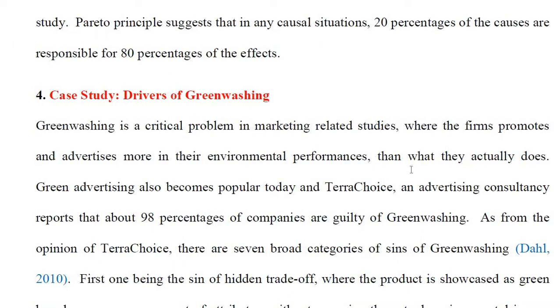This problem is prevalent in companies because most want to show their product as more eco-friendly, or claim a very good reverse logistic network, so that they attract more customers. This kind of problem happens when companies want to project more.